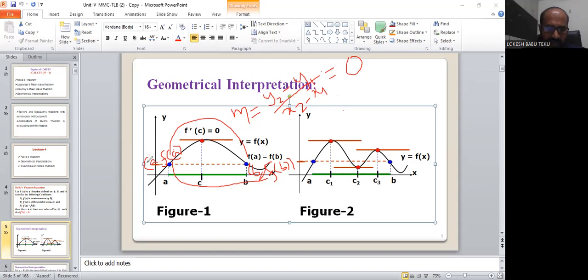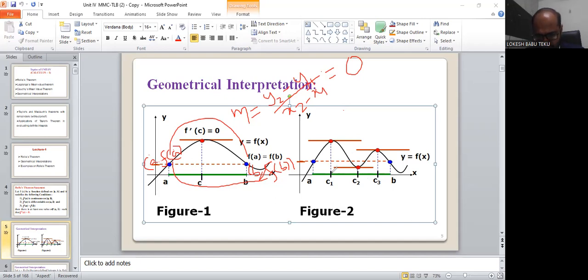Say if a function f is continuous in the closed interval [A, B], and it is differentiable in the open interval (A, B), and f of A equals f of B, then there exists a C belonging to (A, B) such that f dash C equals 0. If you take the figure like this, in this interval you can draw the tangent here, here and here. Obviously it is continuous at every point and differentiable.